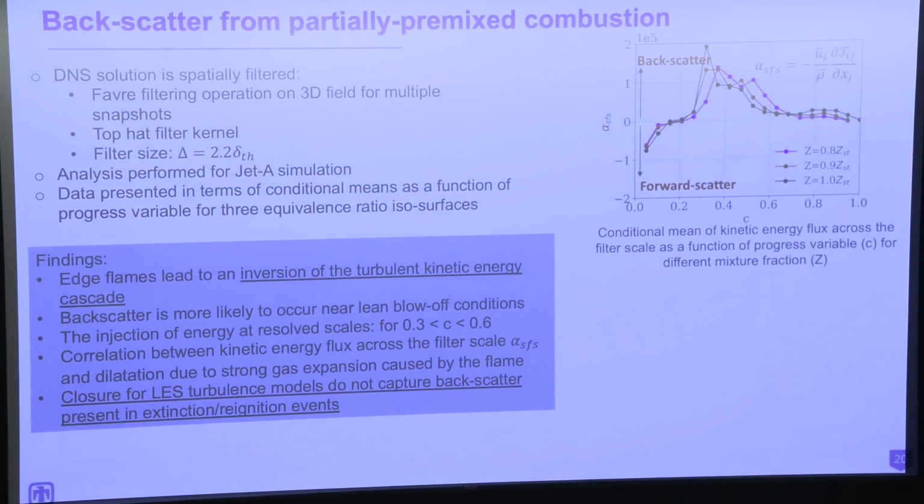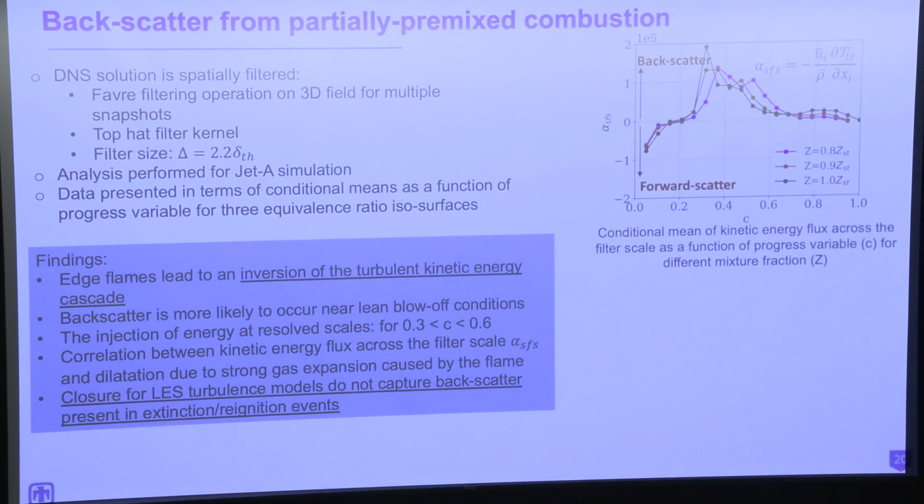So we do see evidence of backscatter in the flame zone, particularly in progress variable ranges where there is injection of energy from the flame at the resolved scales, between 0.3 and 0.6.